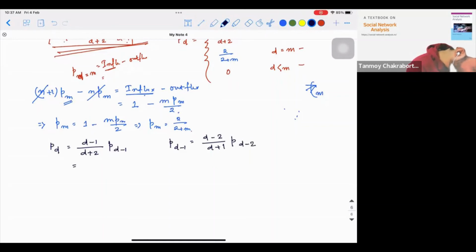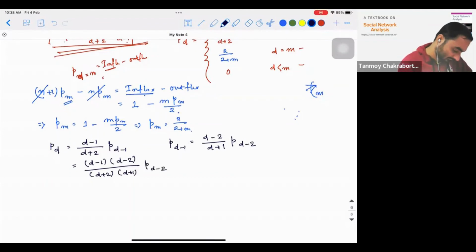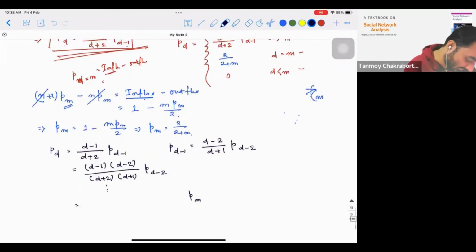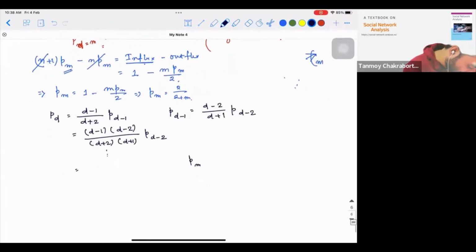I'm replacing d by d minus 1, right? So this would be (d minus 1) times (d minus 2) by (d plus 2)(d plus 1) P of (d minus 2), right? So you keep on unfolding and you stop when you have d equals m, because d equals m is a corner case, right?